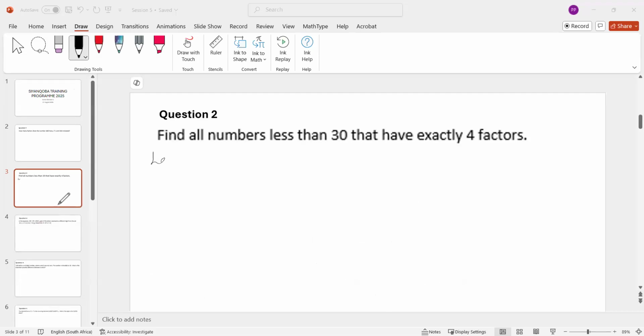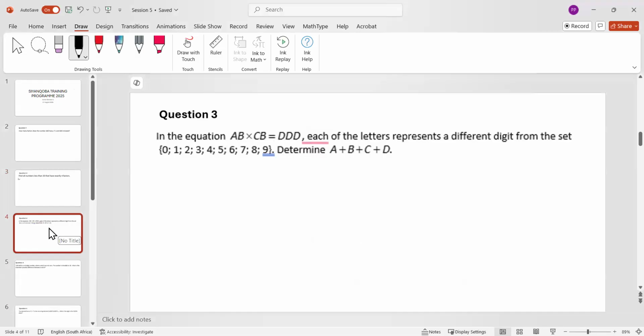The next problem is, okay, now you have this thing in the equation AB times CD equals DDD. All right, so you've got a product of two numbers.